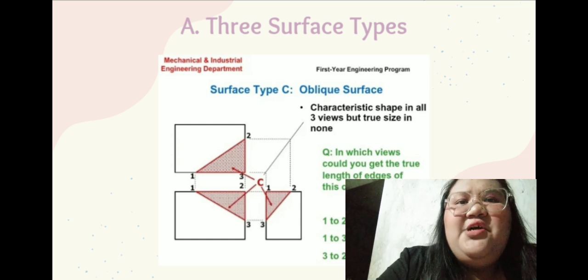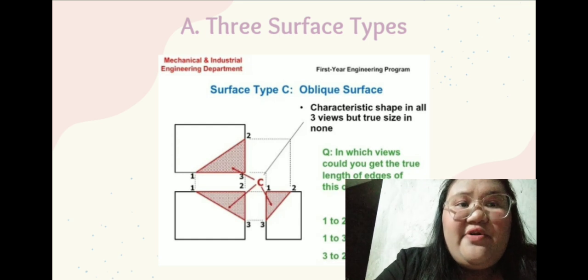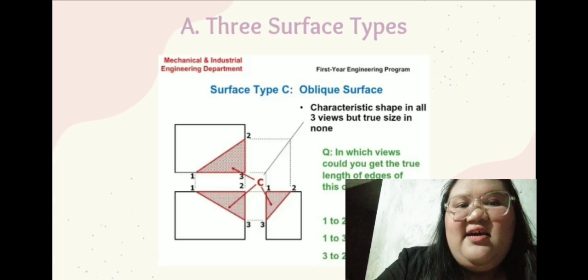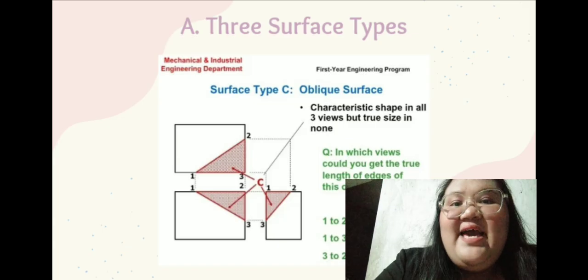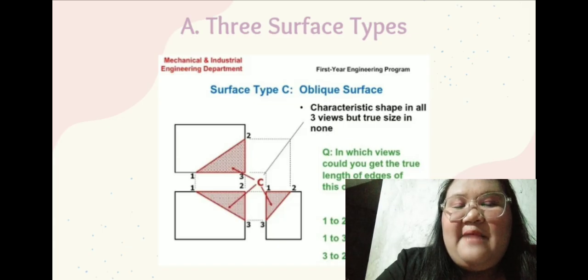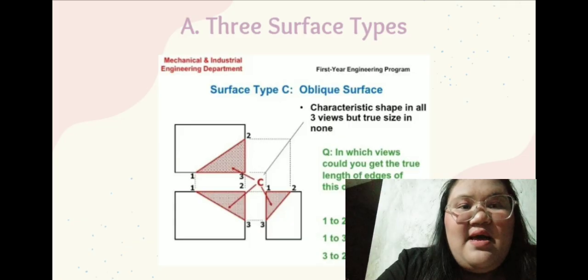So question, in which views could you get the true length of edges of this oblique surface? Although the surface itself never appears in true size, the edges of the surface may appear in true length in one of the views, for example, the edge 1 to 2 might show the true length in either the top, front, or side view, depending on orientation.